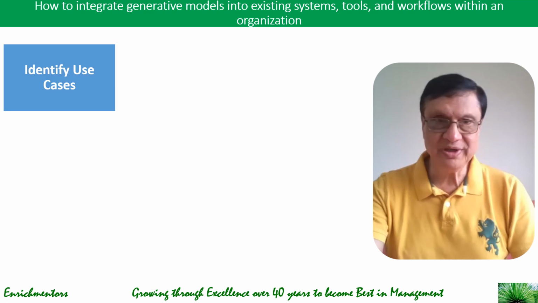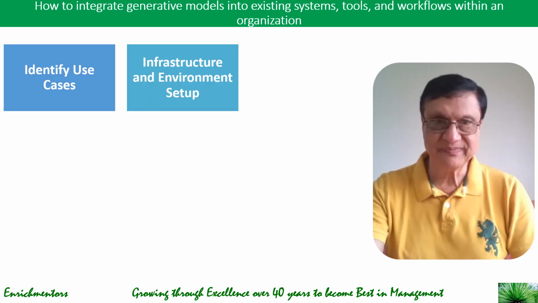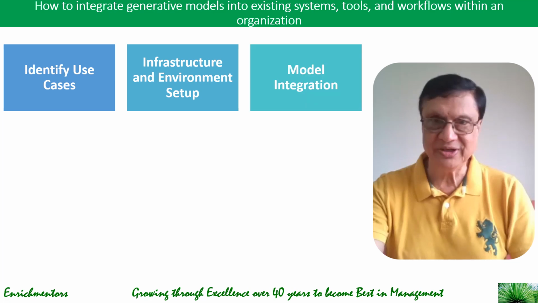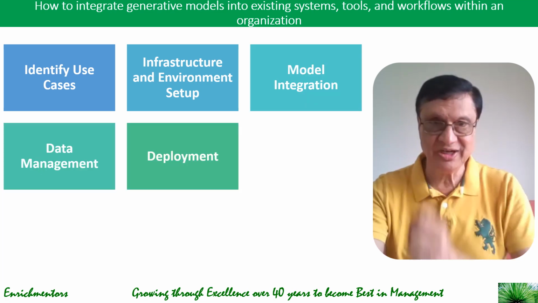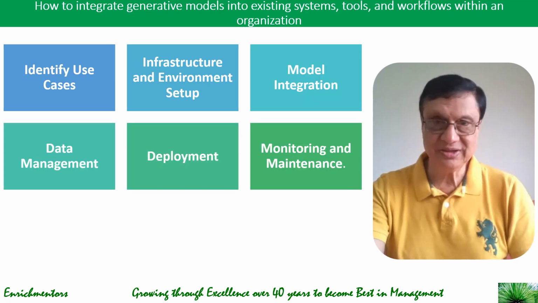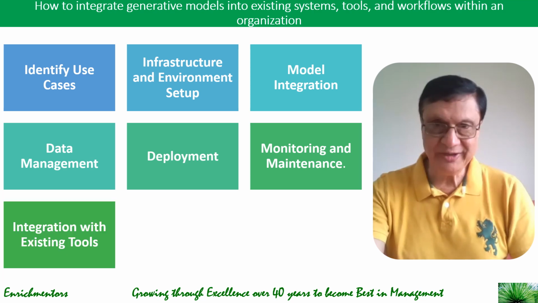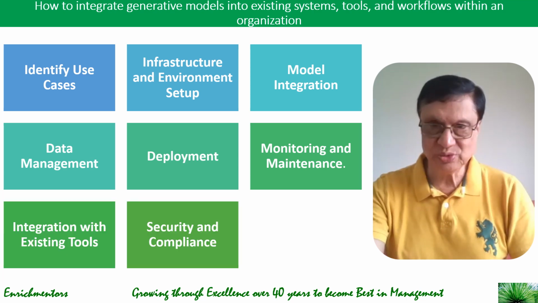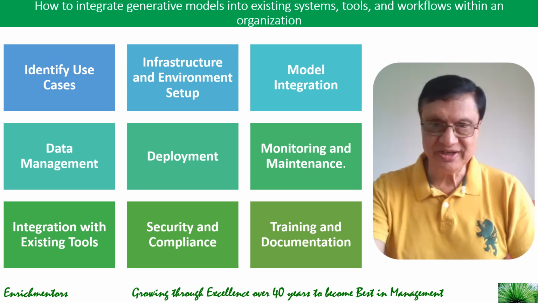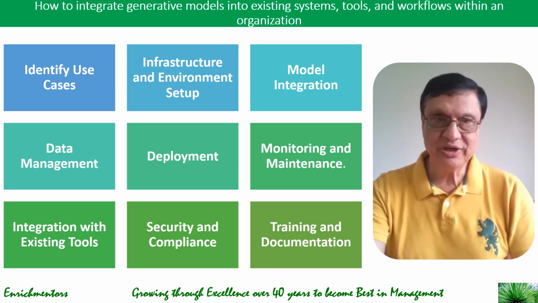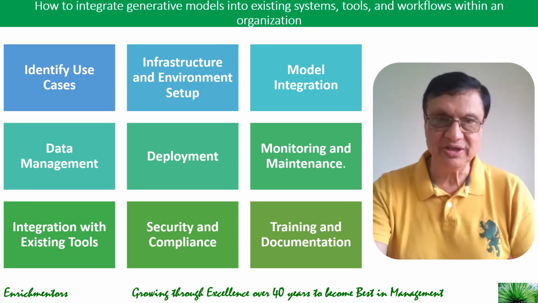First you need to begin by identifying the use cases, then set up the infrastructure and environment, then do the model integration, manage the data, deploy the model, monitor and maintain, and integrate with existing tools, security and compliance, and training and documentation. So let's take a look at each of these steps in some detail.